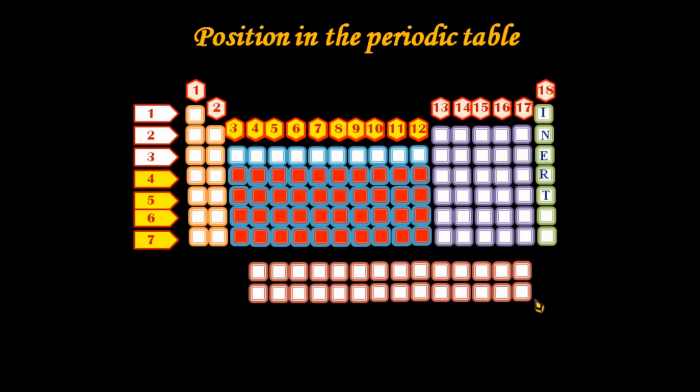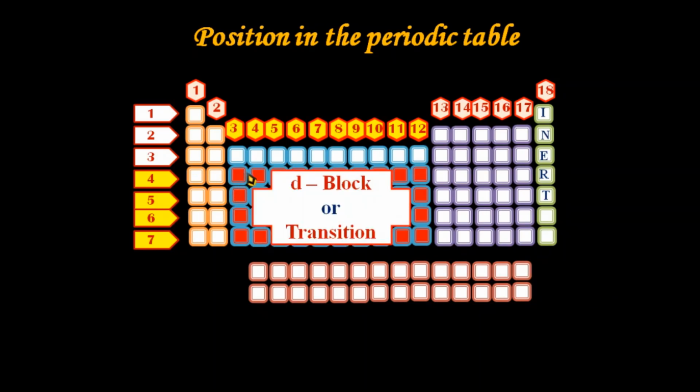Thus, there are 4 rows of transition elements involving filling 3d, 4d, 5d and 6d orbitals. It means these are the d block elements belonging to the 3rd to 12th group and 4th to 7th period.